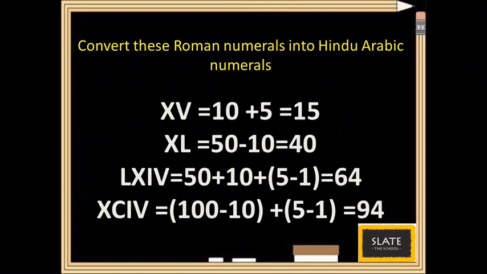XCIV is equal to 100 minus 10 plus (5 minus 1) is equal to 94. With this, now you all can convert Hindu-Arabic to Roman and vice versa.